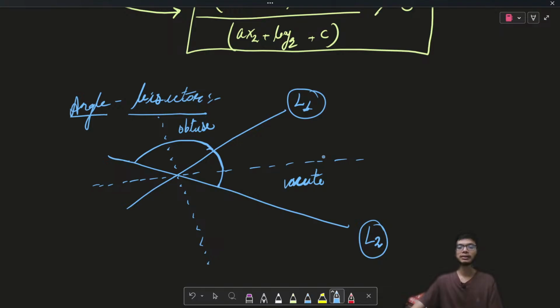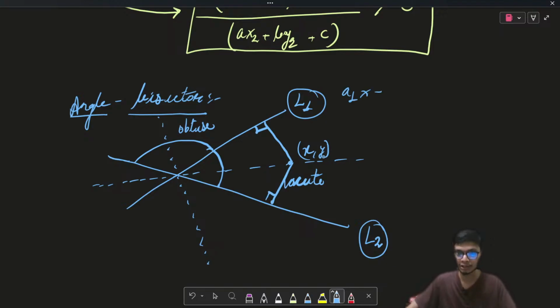Now, how do we find this angle bisector? The concept is very simple. The angle bisector is the locus of a point which has the same distance, or which is equidistant, from the two given straight lines. So if I take any point, let us say (x, y), lying on the angle bisector, and I plot the perpendicular distance of it, that distance must come out to be the same.